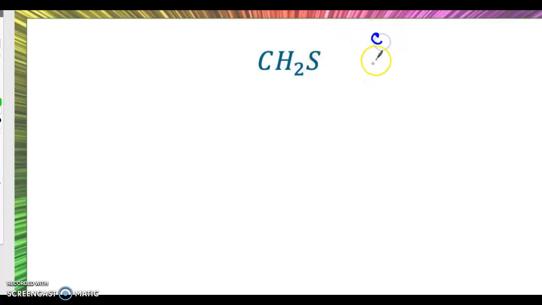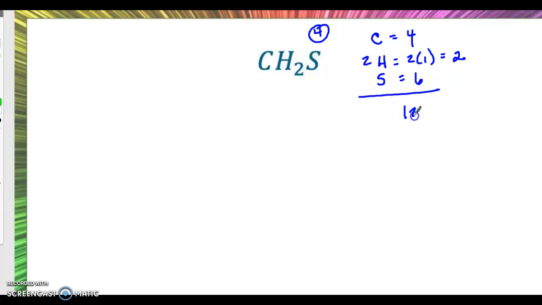So I have one carbon here, 2 hydrogens and a sulfur. So I've got 4 atoms altogether. Carbon has 4 valence electrons. Each hydrogen has 1, so there are 2 valence electrons contributed by the hydrogens. And then sulfur has 6. It's just like oxygen. So altogether, I have 12 valence electrons to noodle around with.